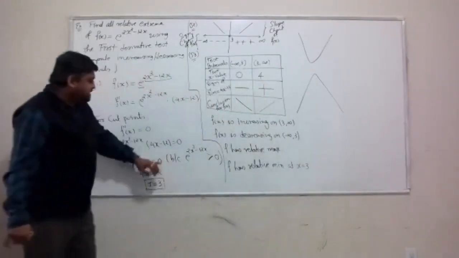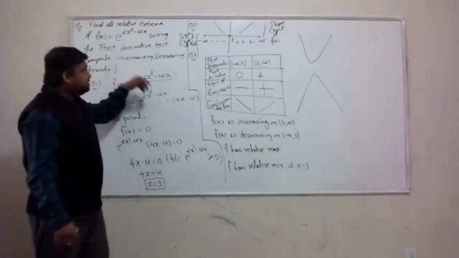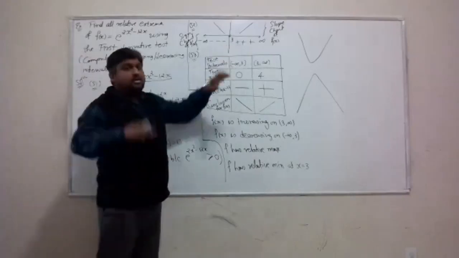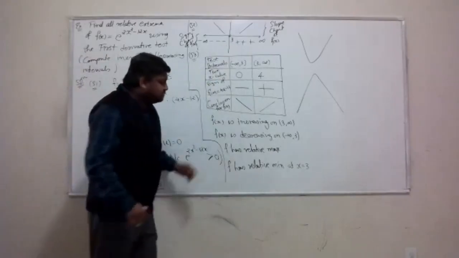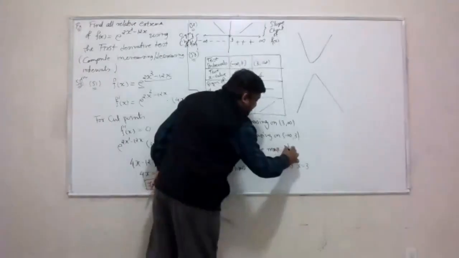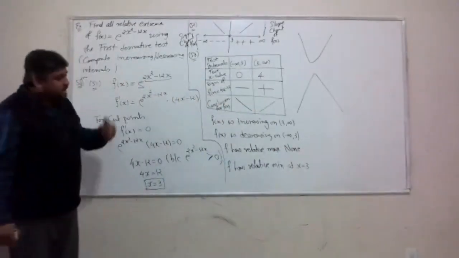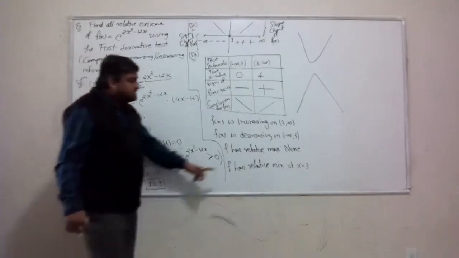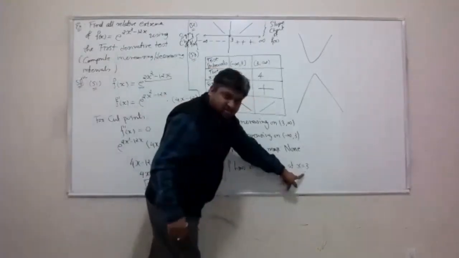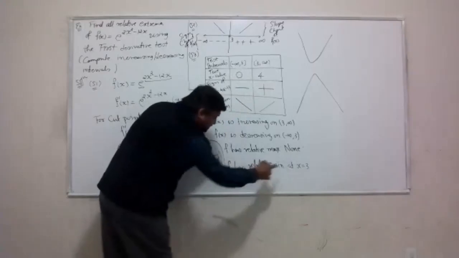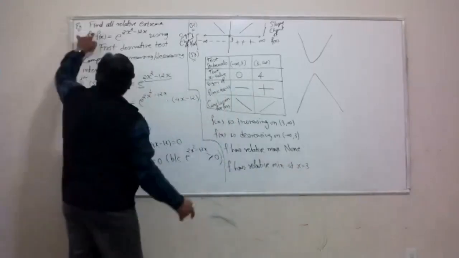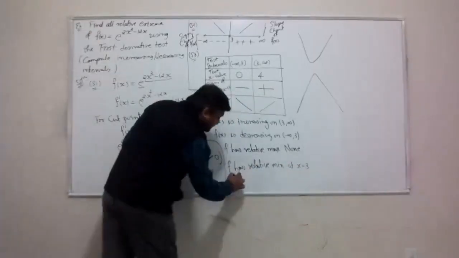All right. That means there is no relative maxima. There was only one cut point. We classified it as a minimum. So relative maximum is none. Right. Okay. If you want your answer in the form of x comma y format, plug x equal to 3 into your function.